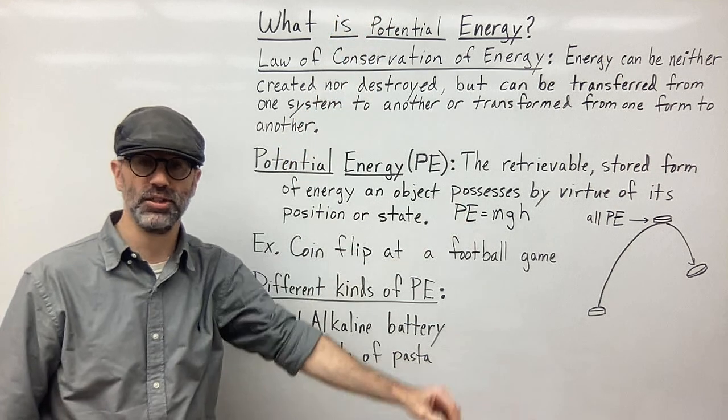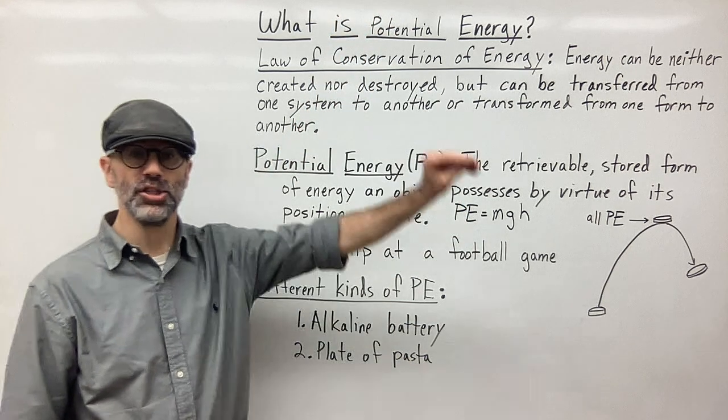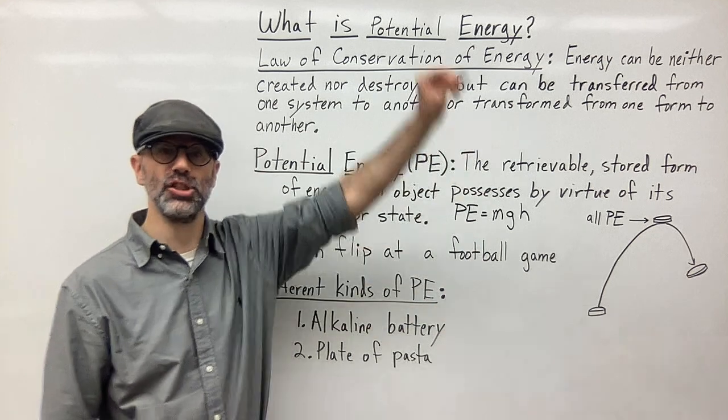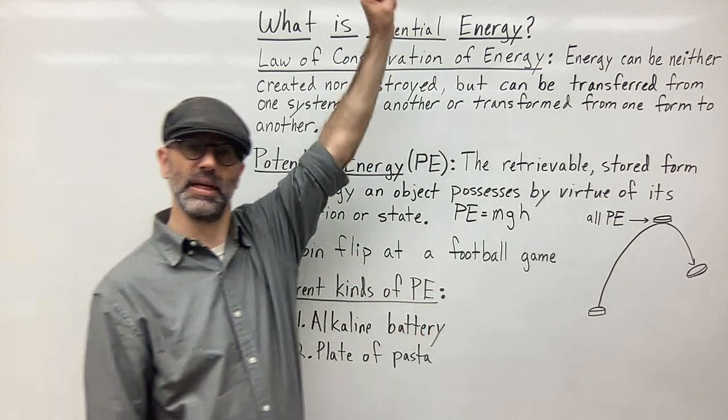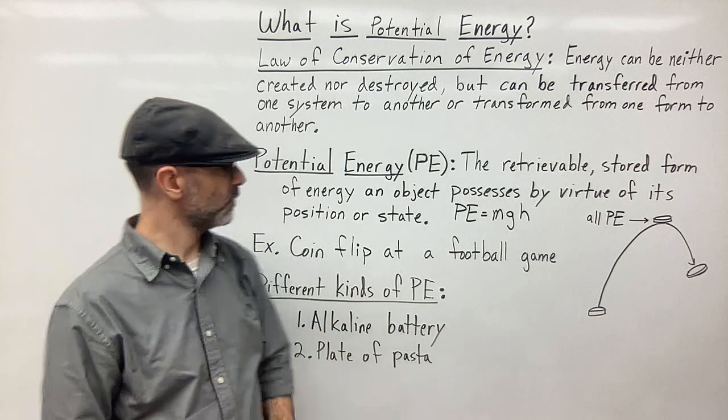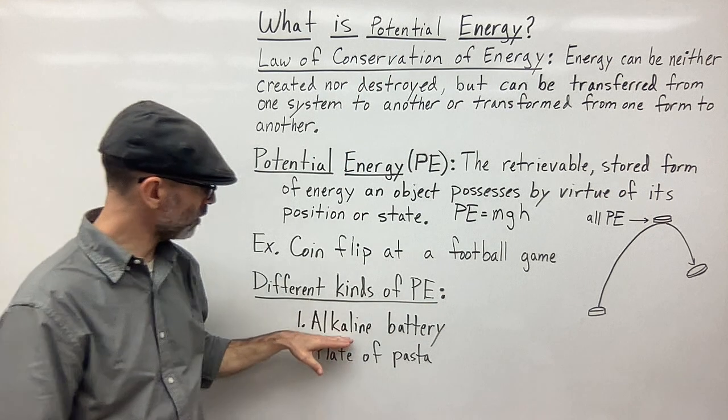The closer you get to the Earth, less potential energy. So due to the position of the coin or the object, the potential energy is either going to be higher or lower, right?